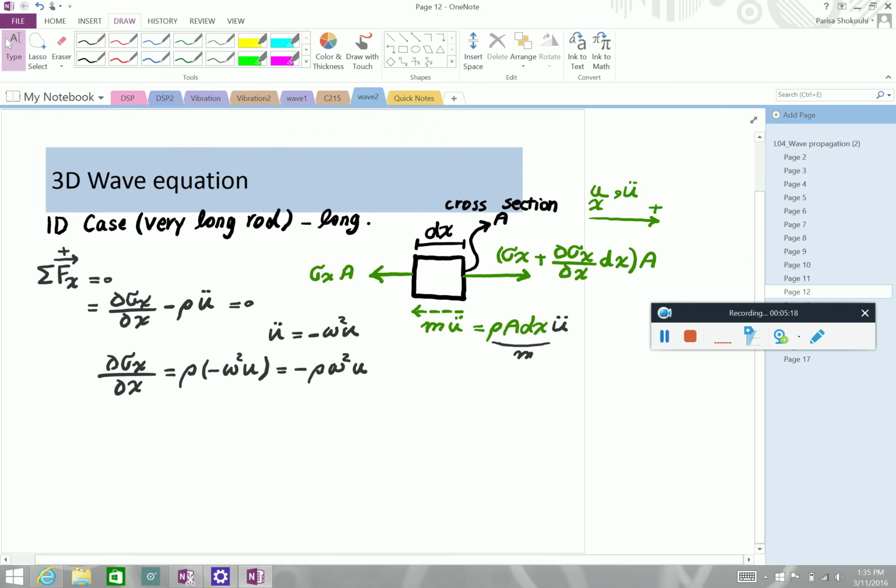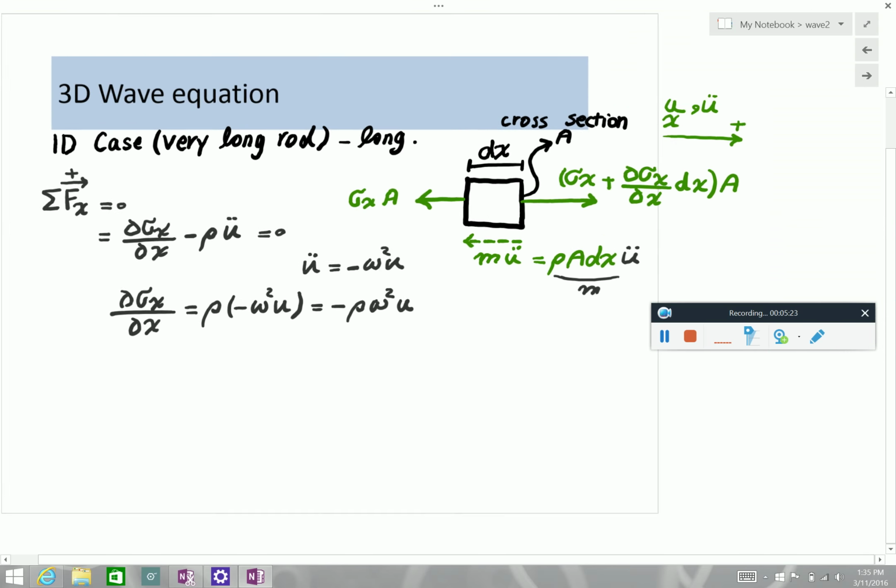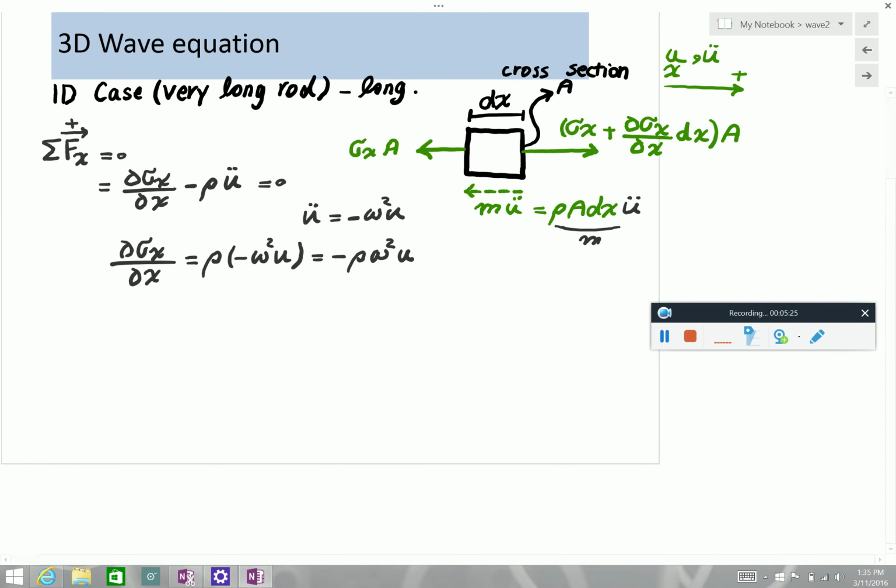So all we want to do right now is to extend this formulation to 3D. So in 3D, we don't have only the x direction. We'll have x, y, and z.